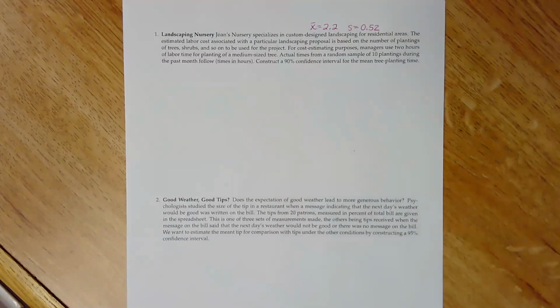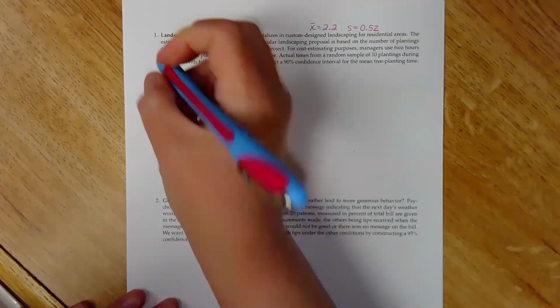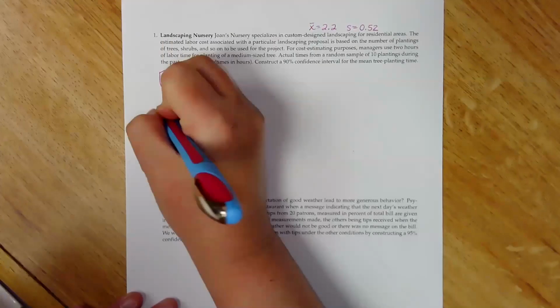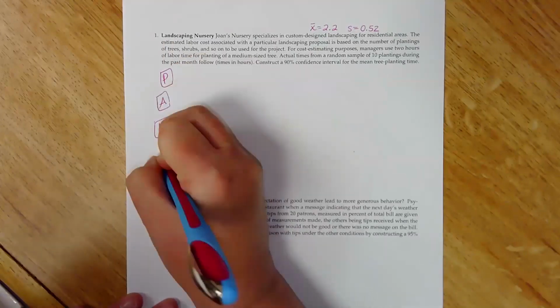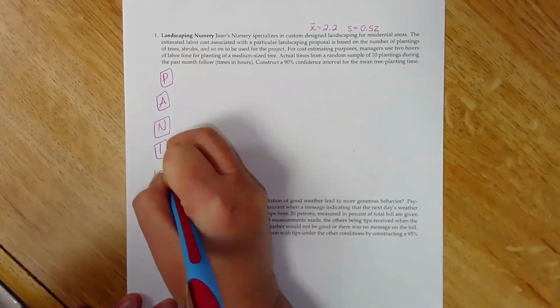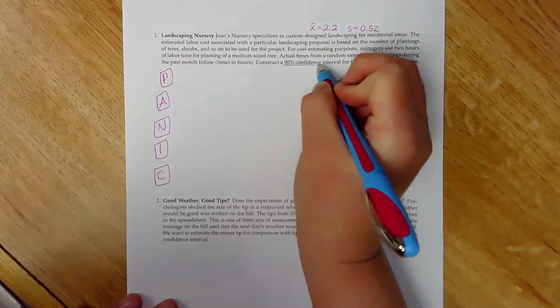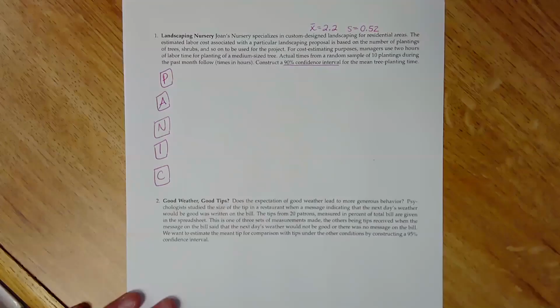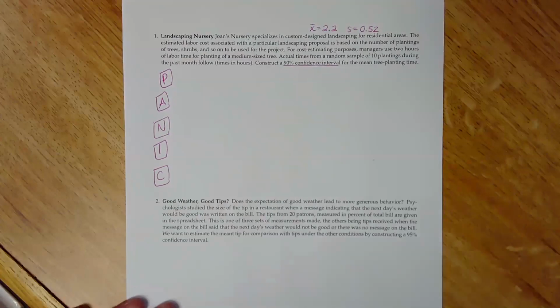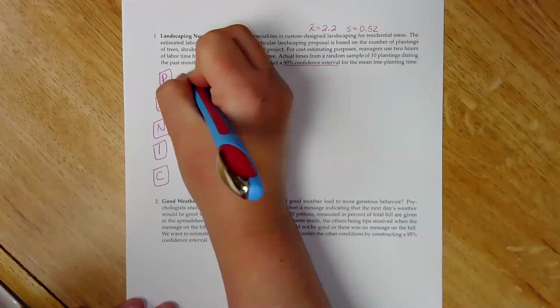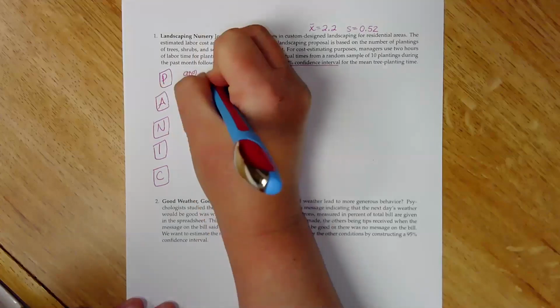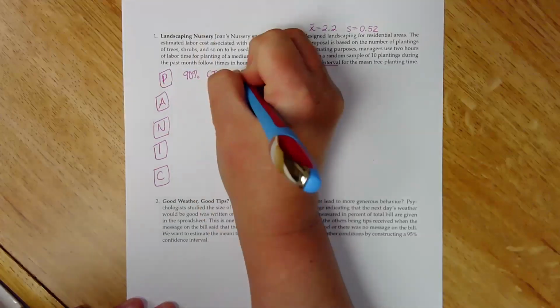All right, so P for the PANIC. Go ahead and put our letters down the side. We know that we're using PANIC and not PHANTOMS because it's asking us for a 90% confidence interval. If it's asking for a confidence interval, you're going to use the PANIC process. So we're looking for a 90% CI for the mean tree planting time.